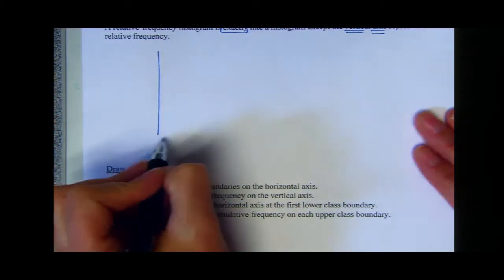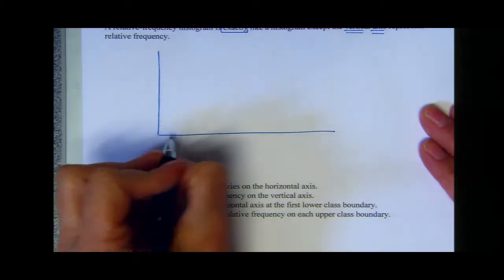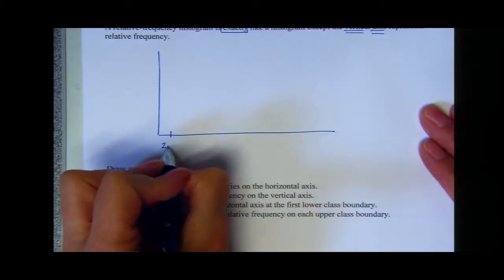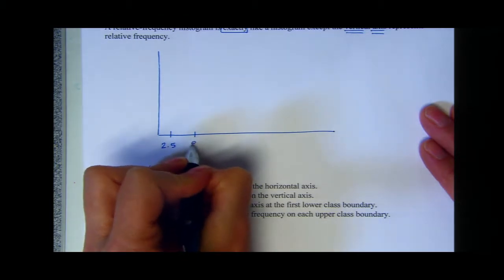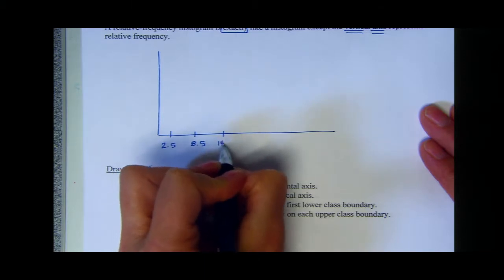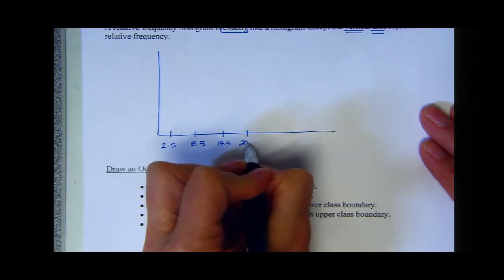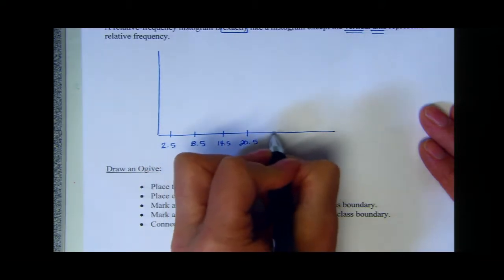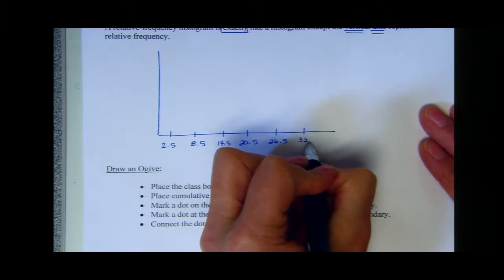So I have my vertical and my horizontal, and our horizontal was the class boundaries, so I'm just going to redo that as we had done last time. Let's see, and then 26.5 and 32.5.